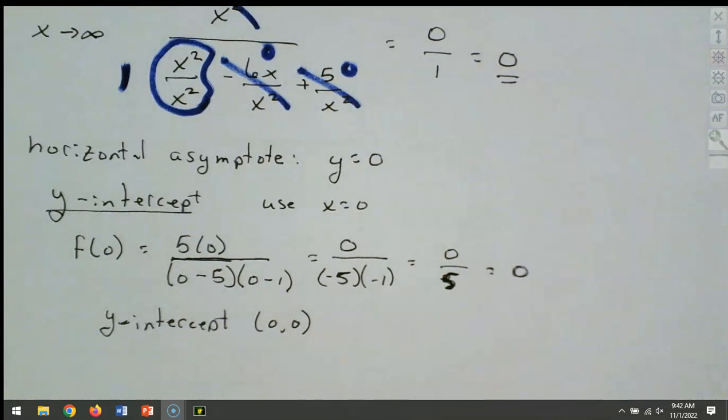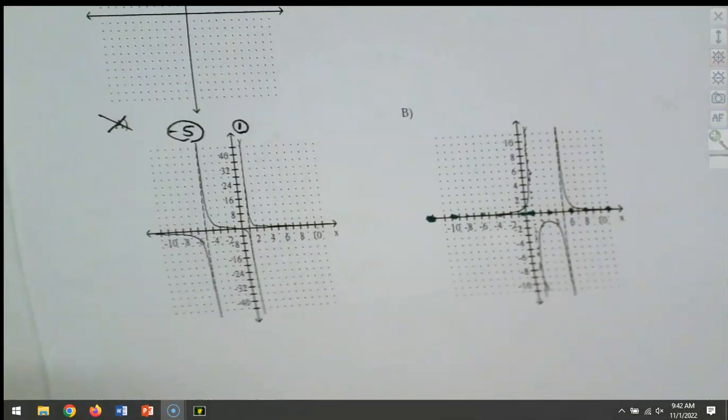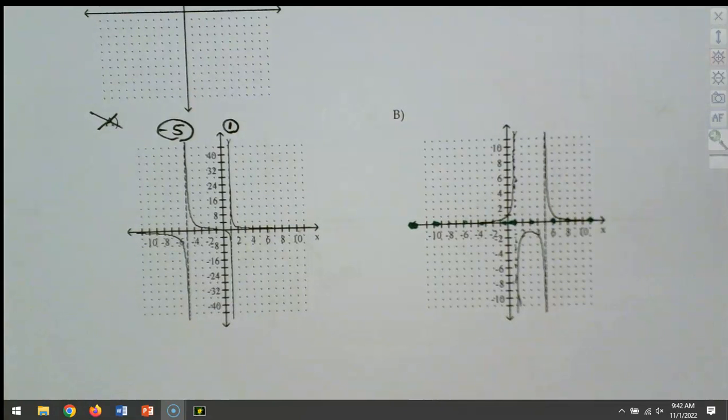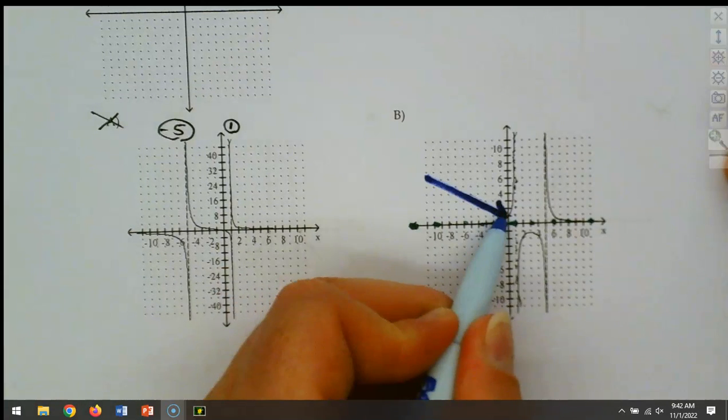So let's see if we can eliminate some choices here. We should be able to hopefully at least eliminate one more of these. Okay, I can eliminate B. Why can I eliminate choice B? Well, when I look at my picture here, look at the y-intercept.